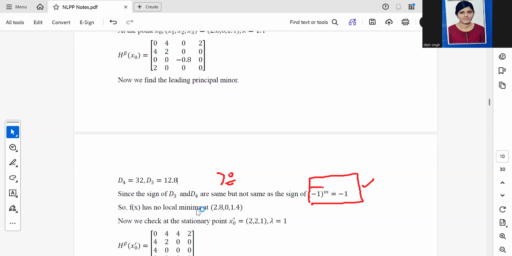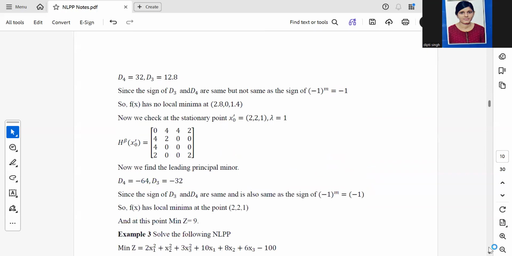Now we check the second point, which is 2, 2, 1 with lambda equal to 1. We calculate the leading principal minors D4 and D3: D4 is minus 64 and D3 is minus 32.